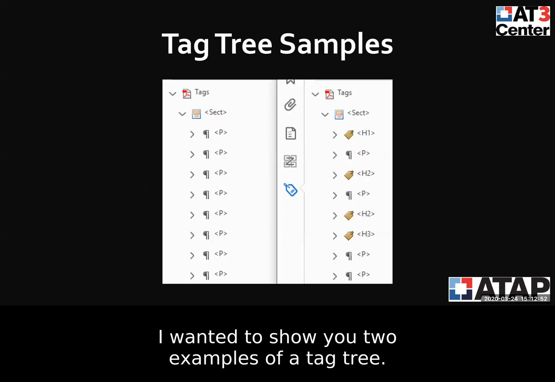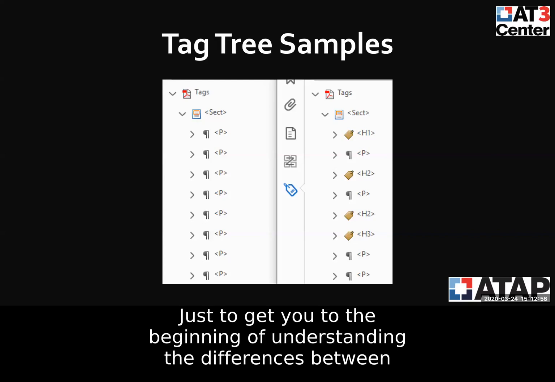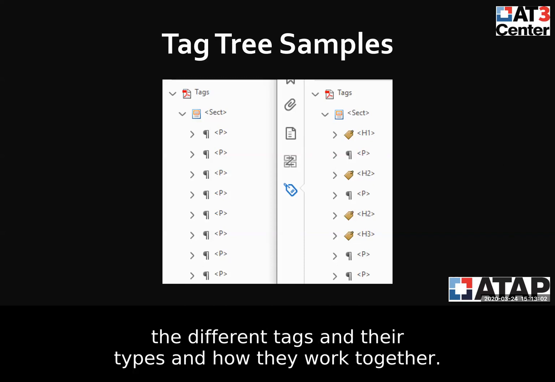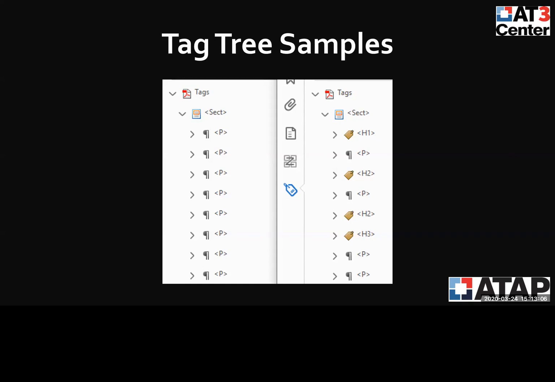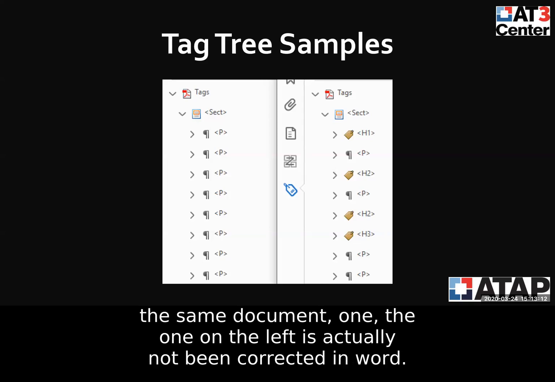I wanted to show you two samples of a tag tree, just to get you to the beginning of understanding the differences between the different tags and their types and how they work together. And what we have on the screen right now is just the same document. The one on the left has actually not been corrected in Word.